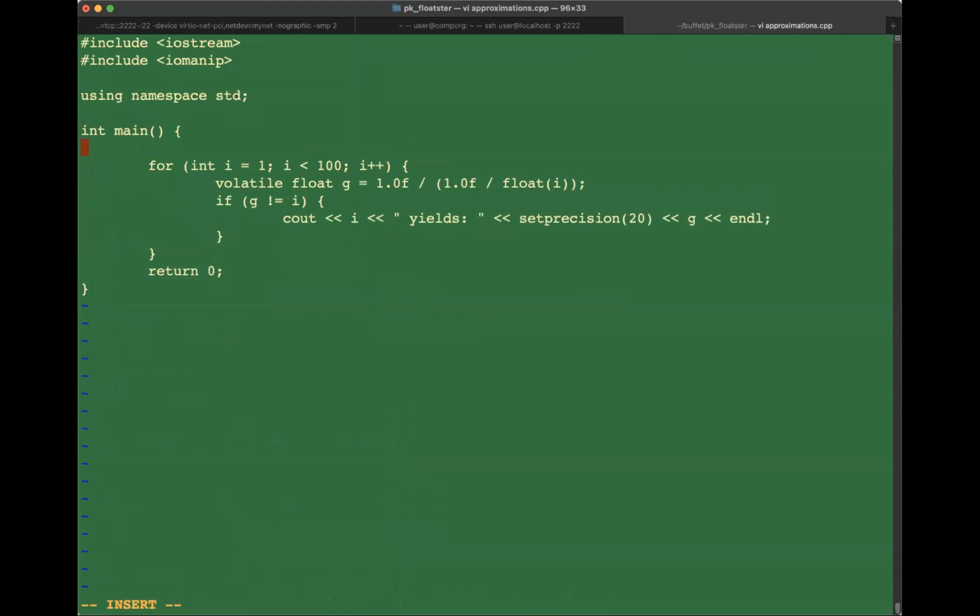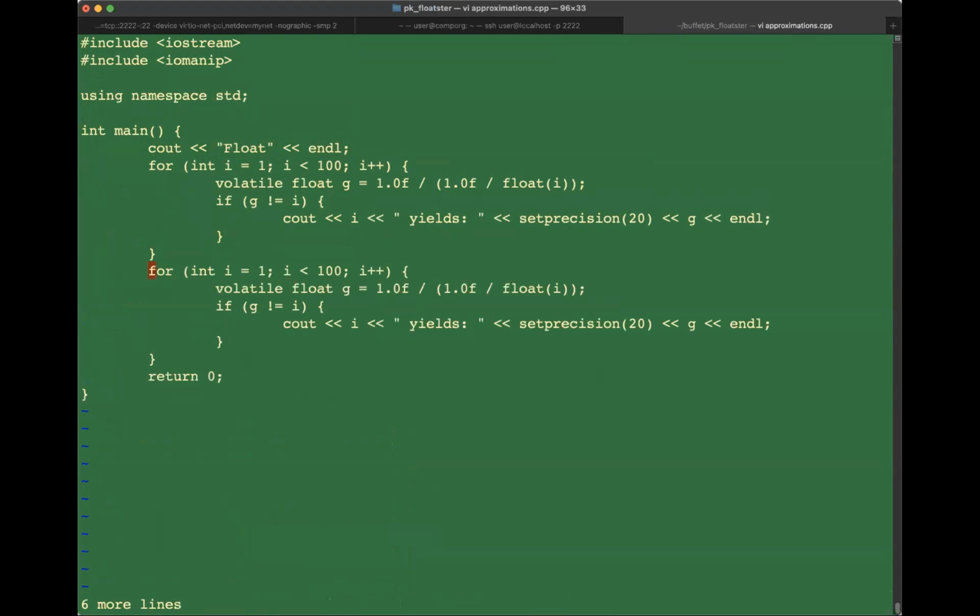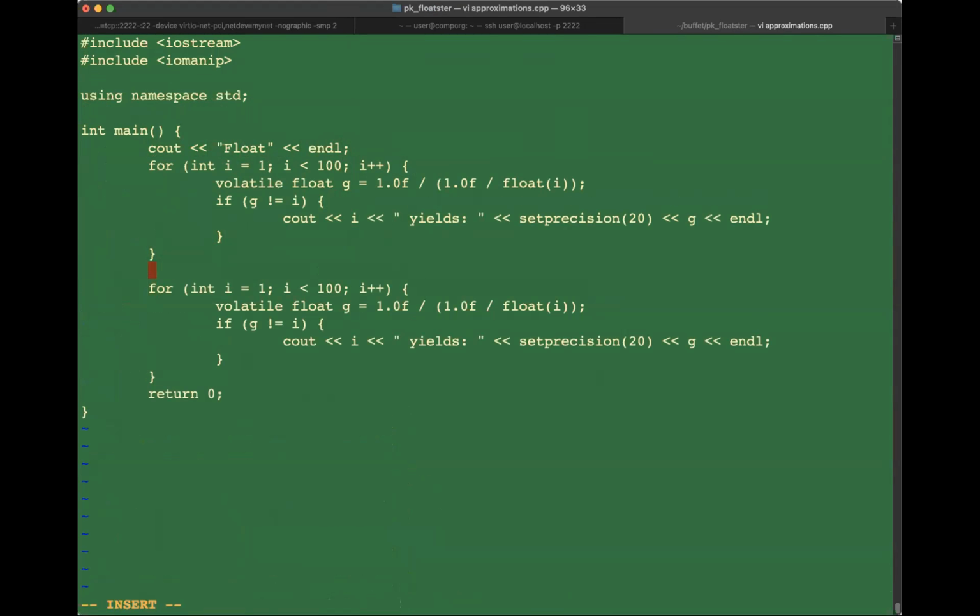Okay, so I'll say, and then I'll do the whole loop again. 1, 2, 3, 4, 5, 6. Instead of a float, we'll make it a double.